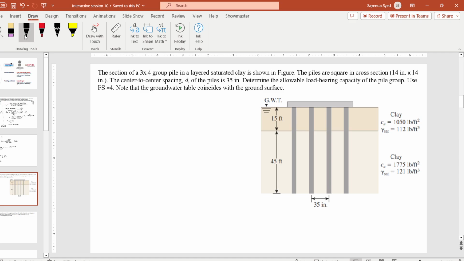It can either fail in n times Qu, where n is the number of piles and Qu is the failure load of one pile, or as a block.